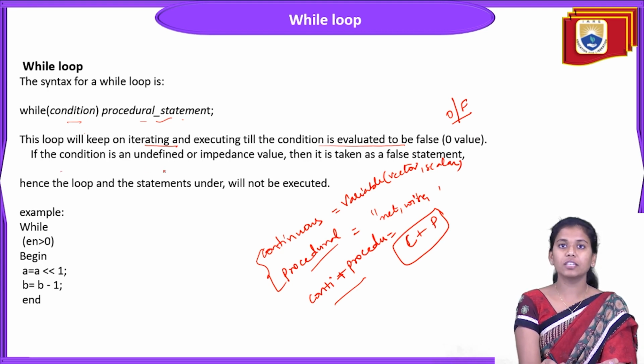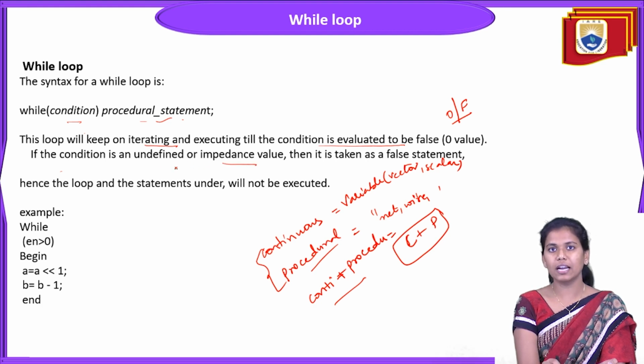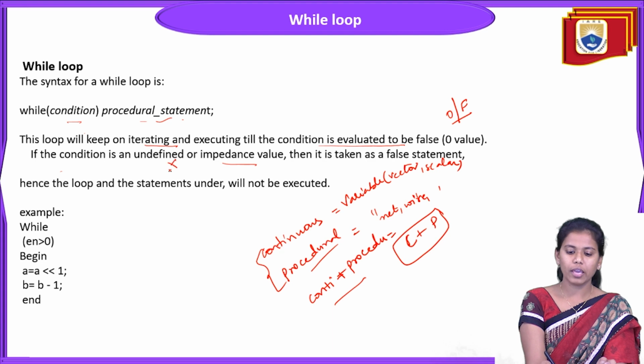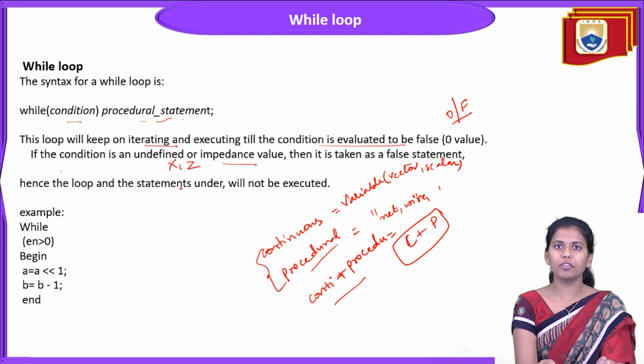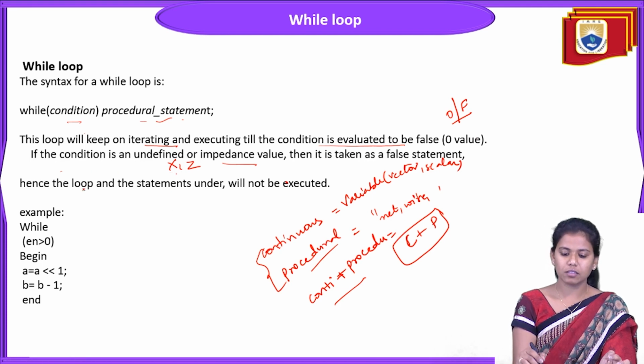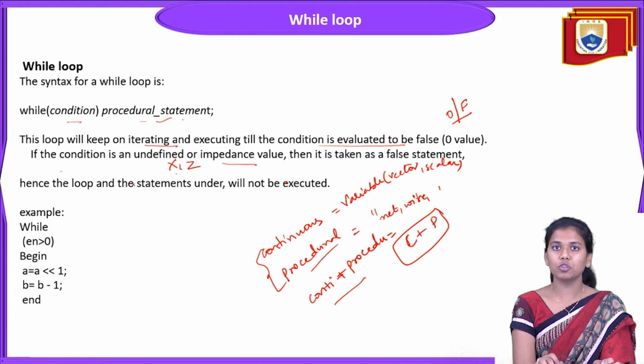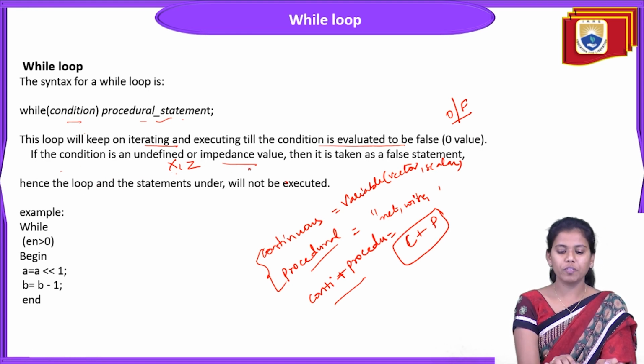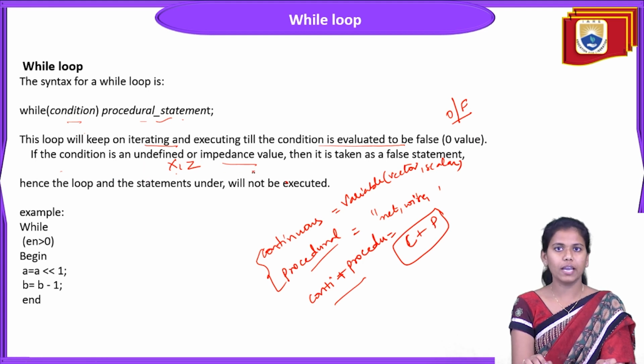So if the condition is an undefined or high impedance value, what is this undefined and high impedance value? X or Z. Okay, already we discussed what X and Z are: Z is high impedance, and X is nothing but the don't care condition, isn't it? So if the condition is undefined or a high impedance value, then it is taken as false.